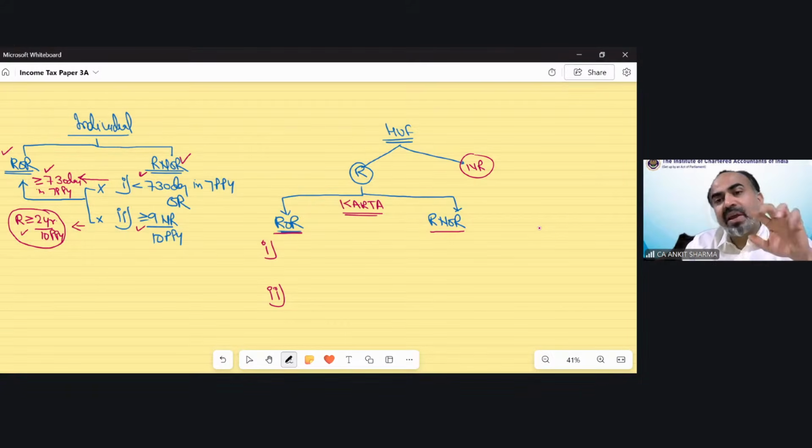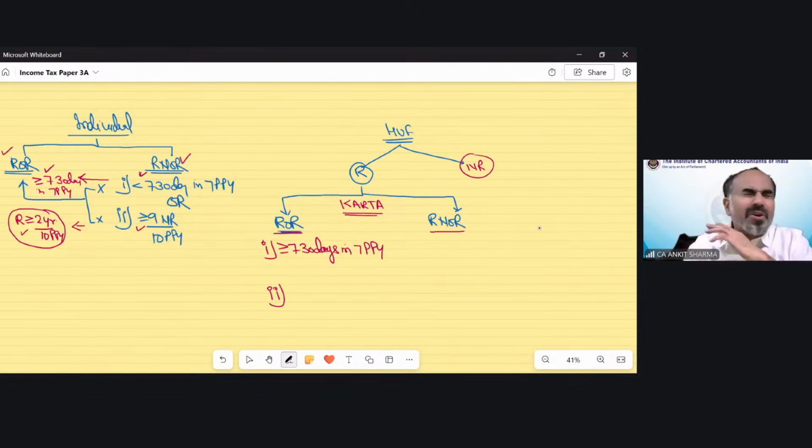So they explain in the reverse manner that the HUF will be ROR if their Karta is more than or equal to 730 days in 7 PPY. So they did not write any new condition. They just explained from the point of view of ROR.